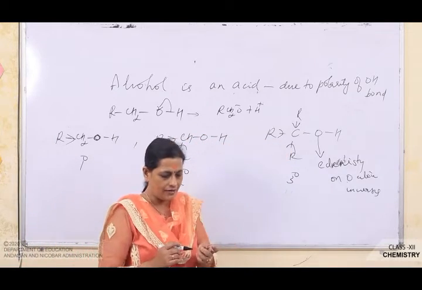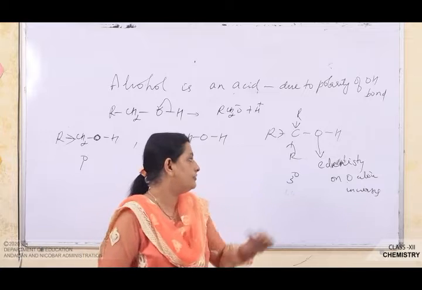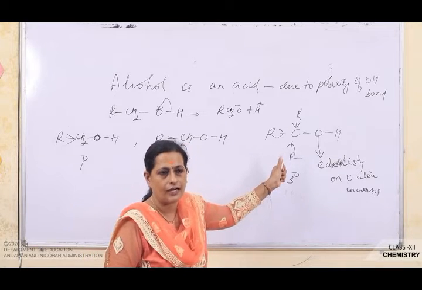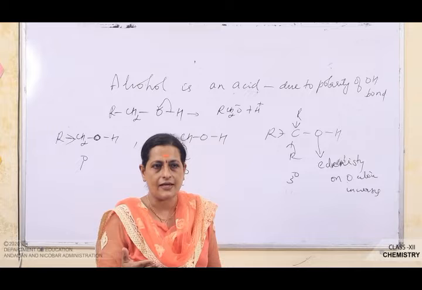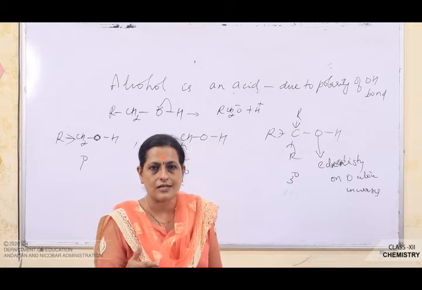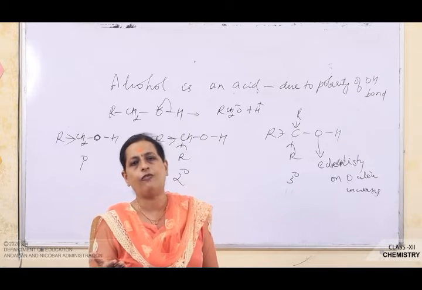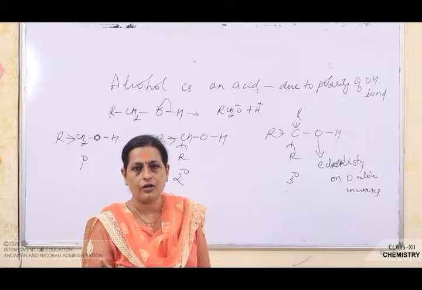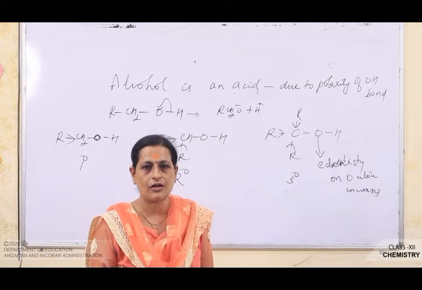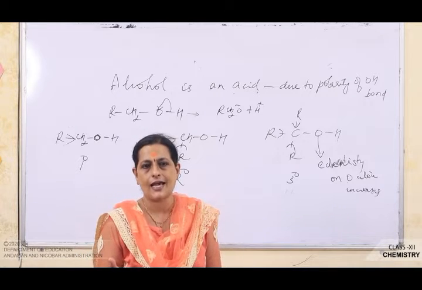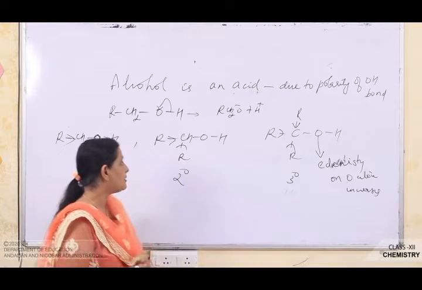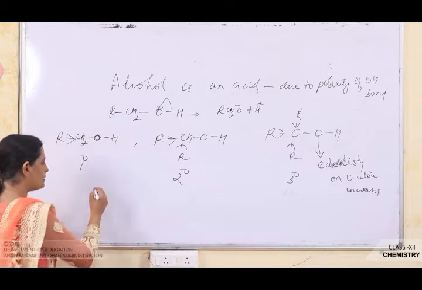And how did we explain this? We explained it on the basis of the plus I effect of the alkyl group. Greater the plus I effect, the electron density on the oxygen atom increases and the polarity of the OH bond decreases. When the polarity of the OH bond decreases, what happens to acidic character? It will decrease. So what is the order of acidic character of alcohols?